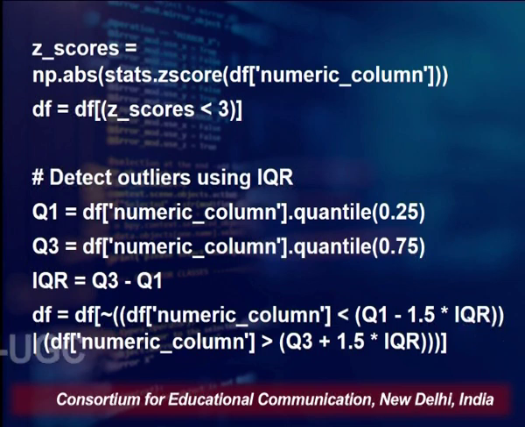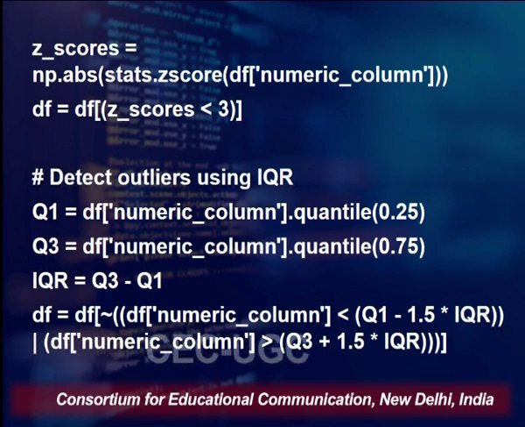If the Z score is less than 3, then we can consider that the value is within the range of the data. And once you have detected the outliers using the Z score, you need to take a call on whether to delete the outlier or make it a part of your data set.